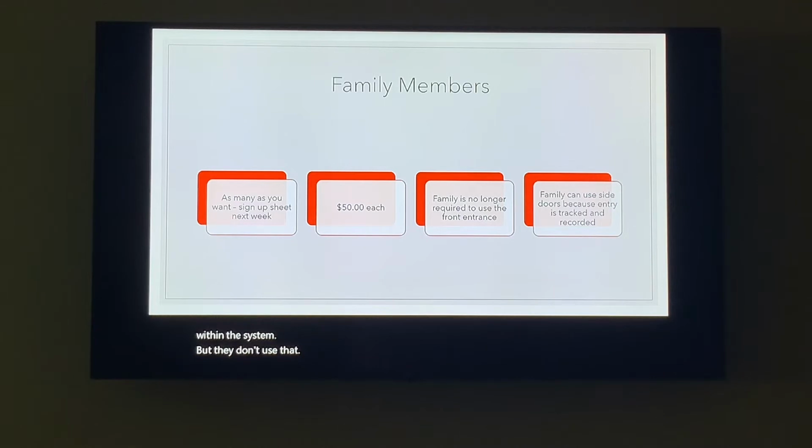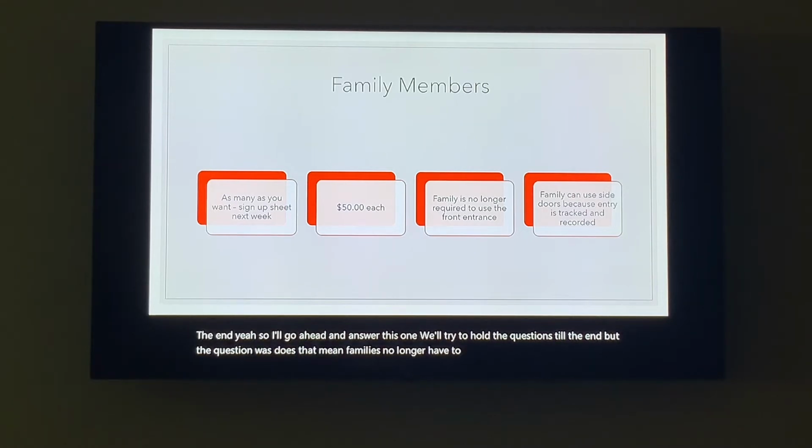So AccuShield. More questions at the end? Yeah. So I'll go ahead and answer this one. We'll try to hold the questions till the end. But the question was, does that mean families no longer have to use the AccuShield identification? This does let us know who is in the building and when they are there, so it accomplishes that.